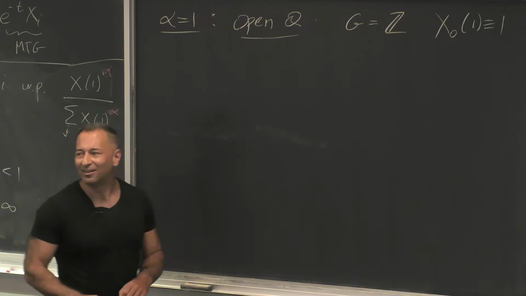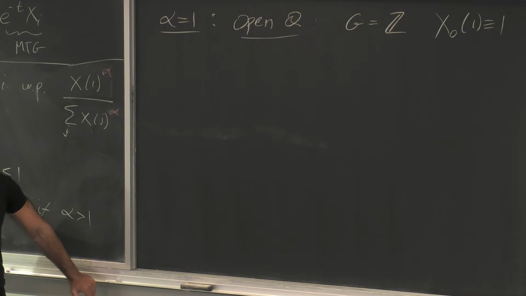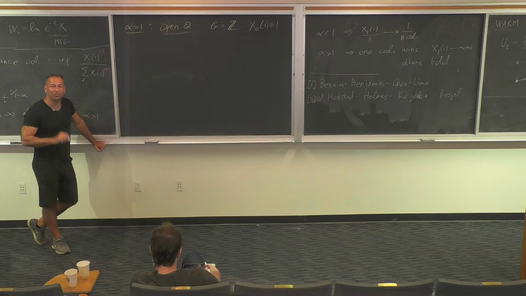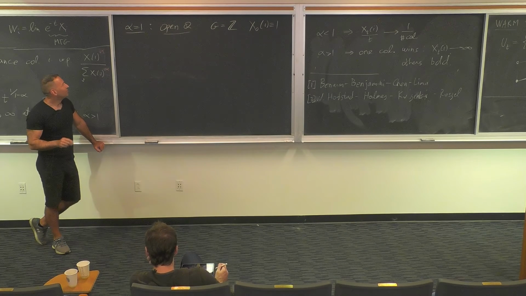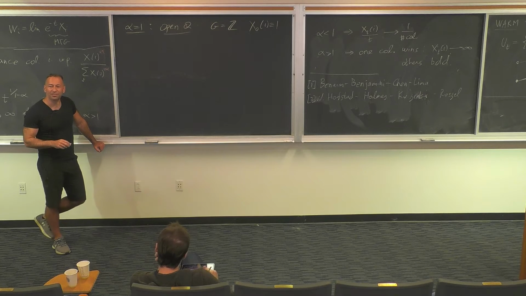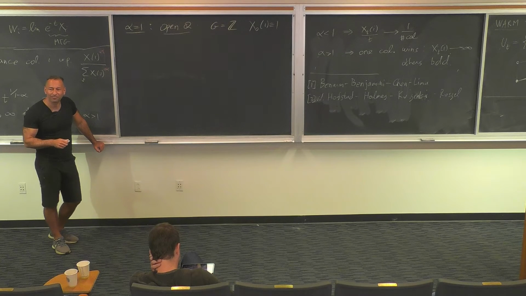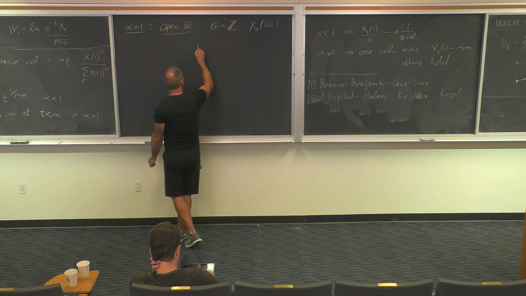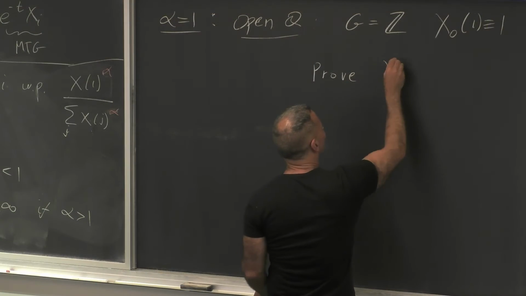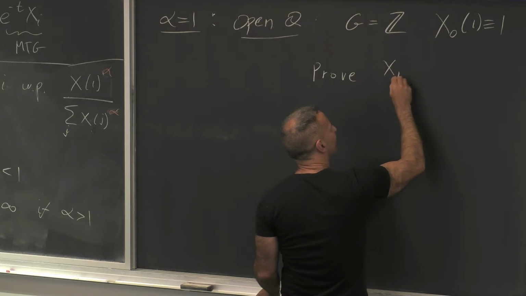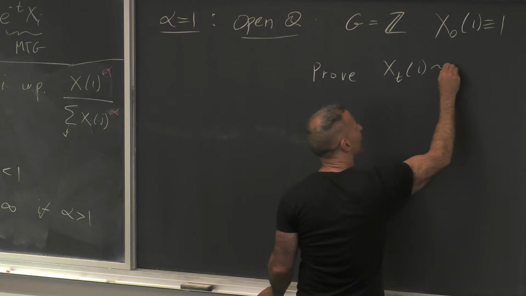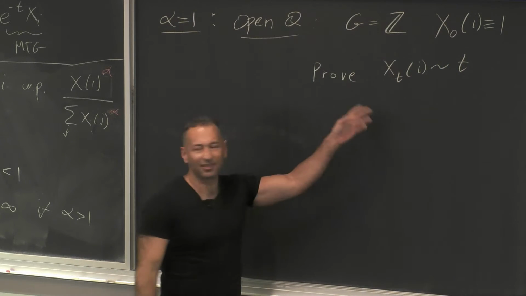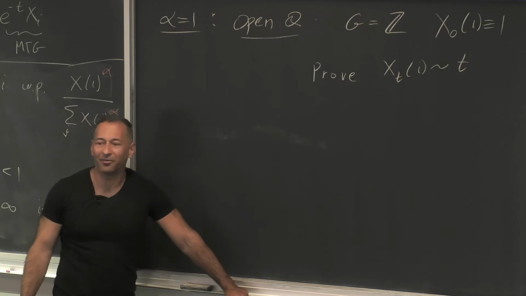So initially, every edge has strength 1. And again, every vertex at rate 1 you pick, and you reinforce one of the two edges, proportional to the current strength. Prove that x_t of every edge i is approximately t, in the sense that the ratio tends to 1.